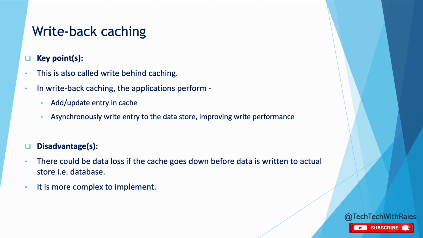There are some disadvantages, like there could be some data loss if the cache goes down before data is actually written to the storage, which means the database. It is also more complex to implement. This is also a disadvantage. Let us move on to the next slide.